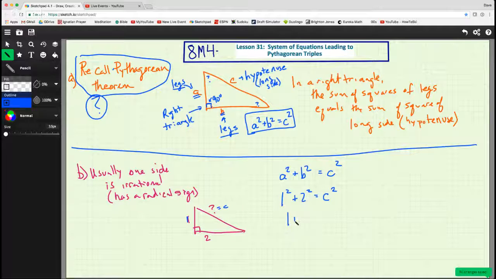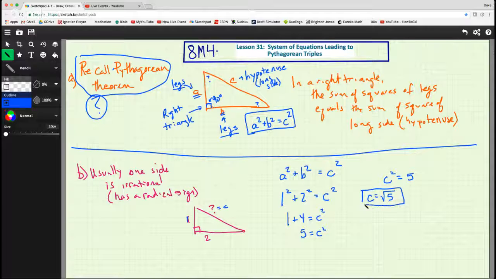So 1 plus 4 equals C squared. So 5 equals C squared. If C squared equals 5, then the number that you have to square to get 5 is the square root of 5. So C has to equal the square root of 5, and you can't simplify that.